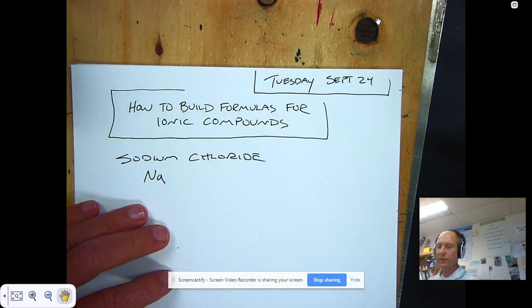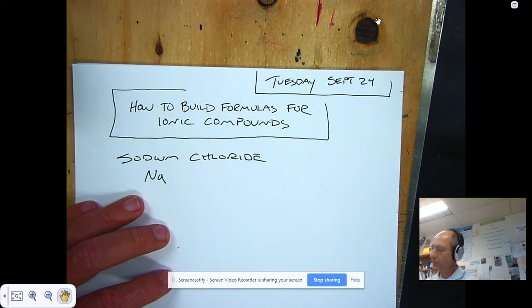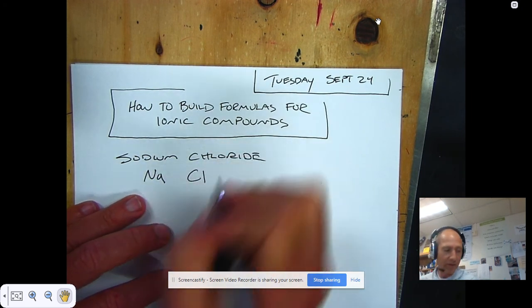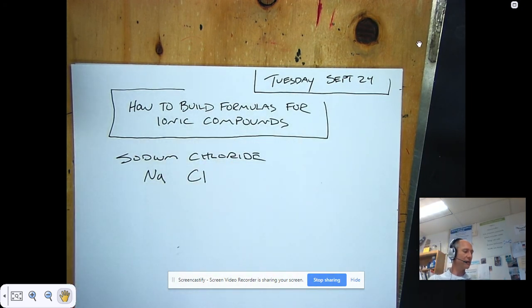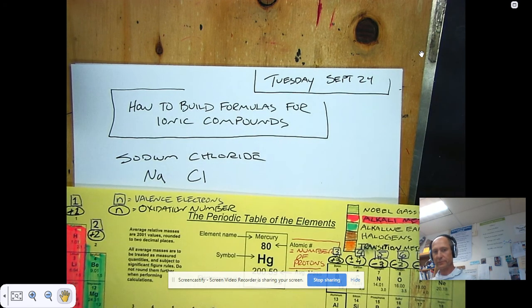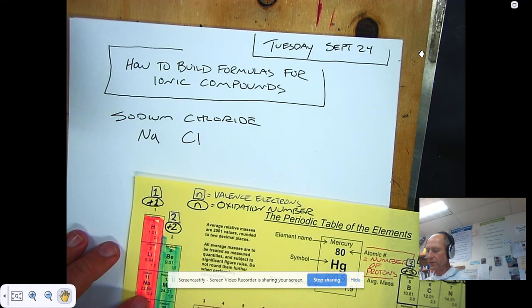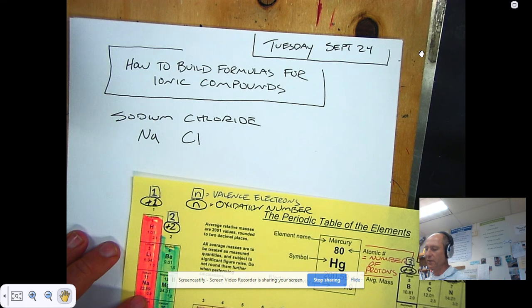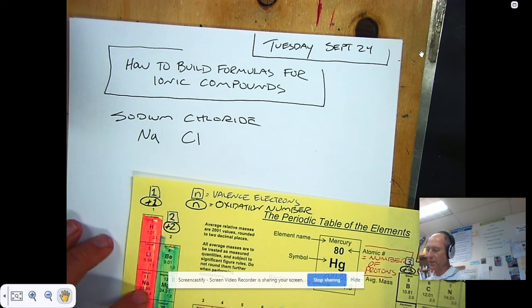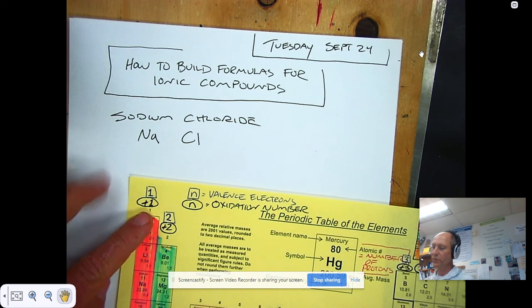You'd write the formula for sodium, and you'd write the formula for chloride, and then you'd get out your periodic table here, and you'd look for sodium, and you'd look for its oxidation number. Its oxidation number is its charge when it's stable. So sodium, when it's the most stable it can get, has a charge of +1.